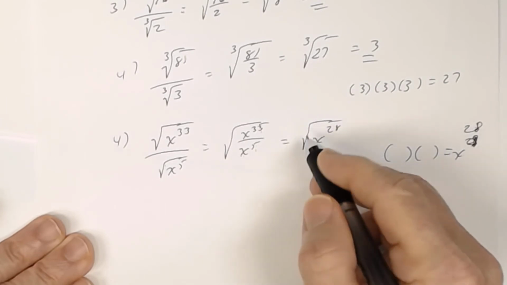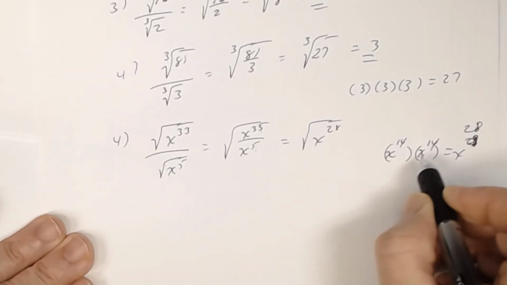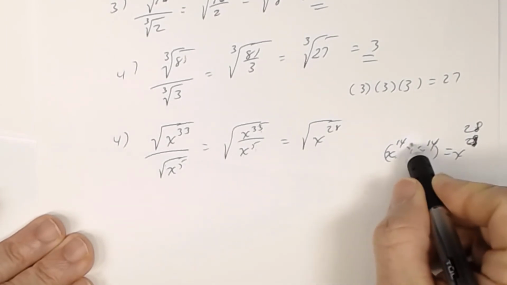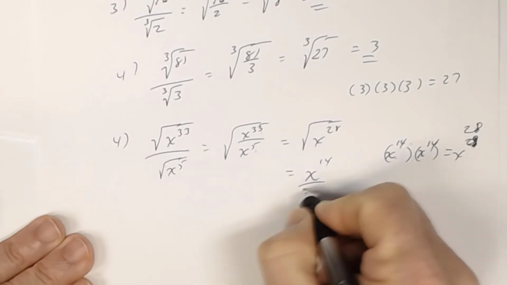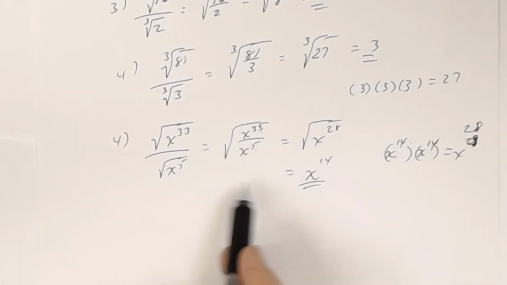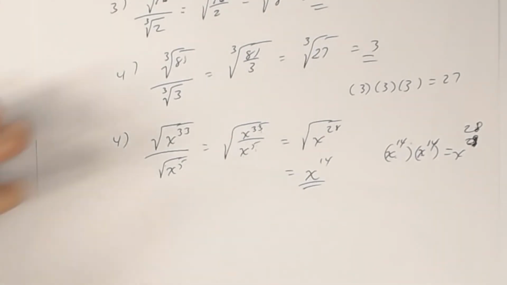So 28 divided by 2 is 14. And it makes sense because x to the 14th times x to the 14th, when you multiply like bases, you add exponents, you get 28. So the answer is x to the 14th. And again, assume that all the variables represent positive real numbers, so don't worry about absolute value at all.